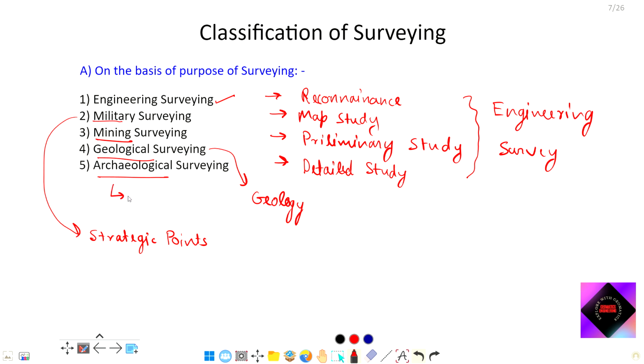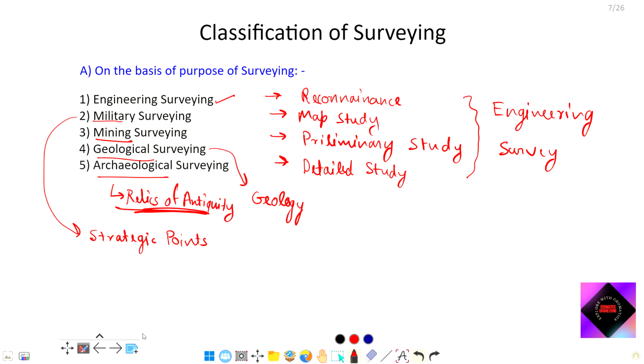It is for relics of antiquity, meaning the beauty of our history. Just remember this line, because in some exams it has been written: which surveying deals with the relics of antiquity. If you don't understand the meaning of relics of antiquity, you will not get the surveying name.